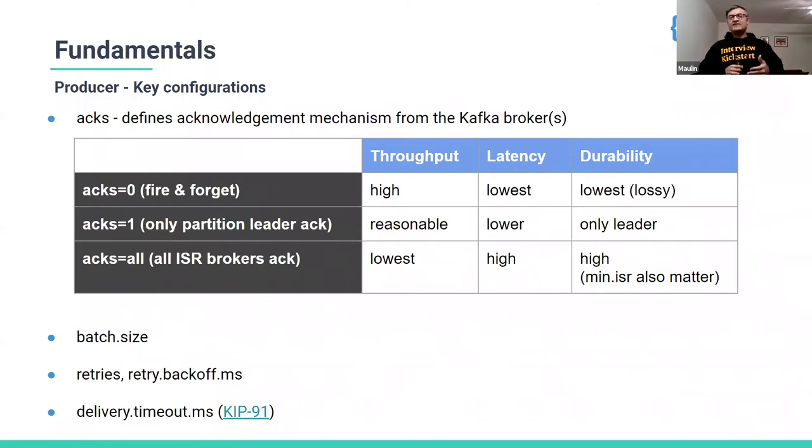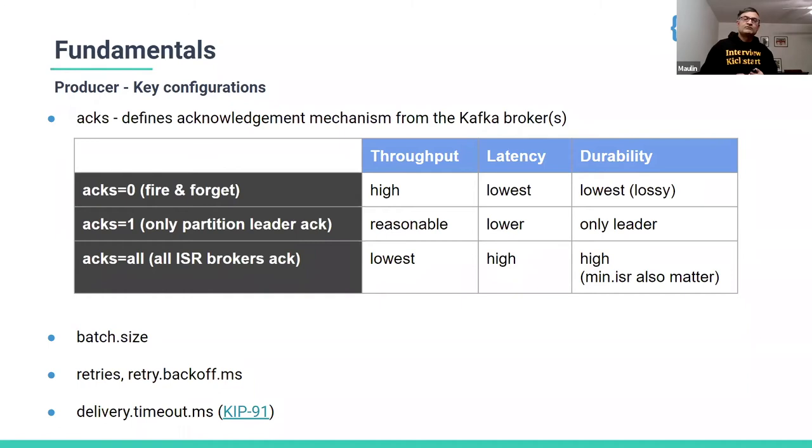The acks configuration defines how you are going to interact with the Kafka broker, which means if you have acks configured as 0, the producer library, assuming all Java, will not wait for any response from the broker, which is obviously going to give you very high throughput and low latency, but possible loss, because you don't wait for any response, so you don't know what happened.